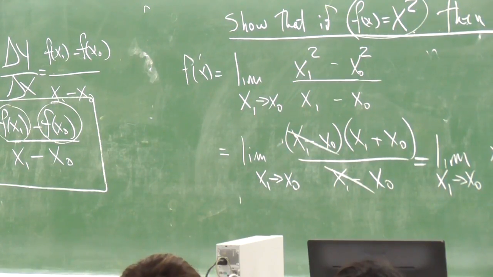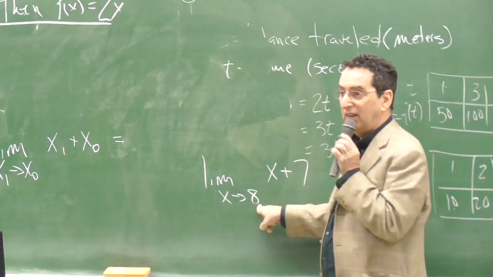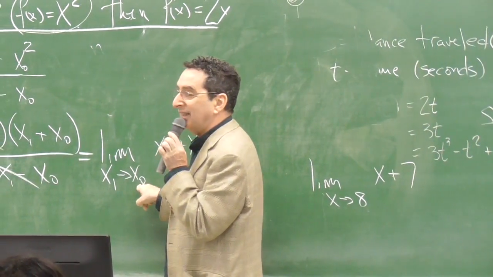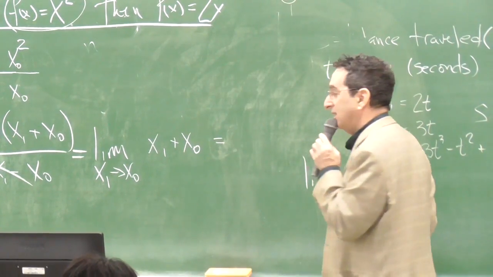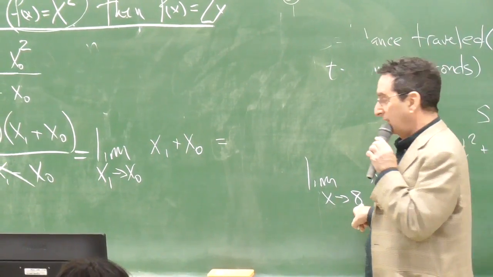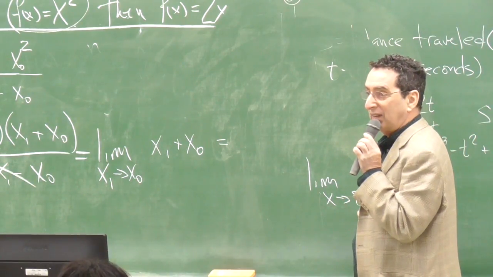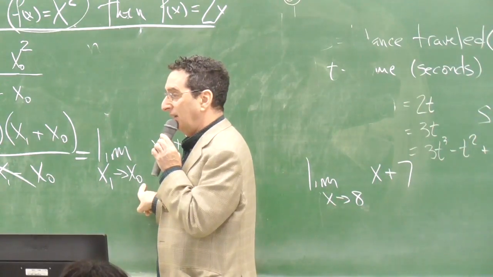This says x is getting close to 8. So 8 is the constant, 8 is not moving. x is moving towards 8. So this thing must be moving towards this thing.